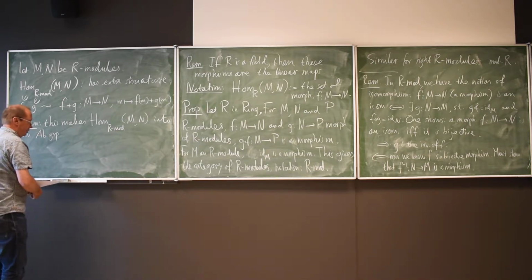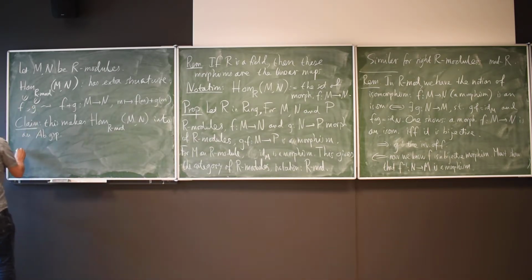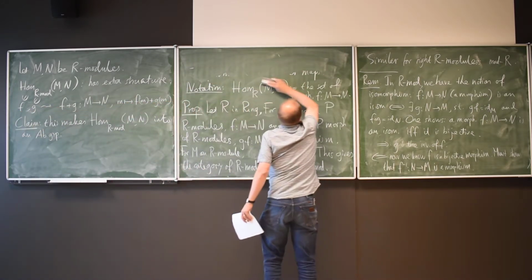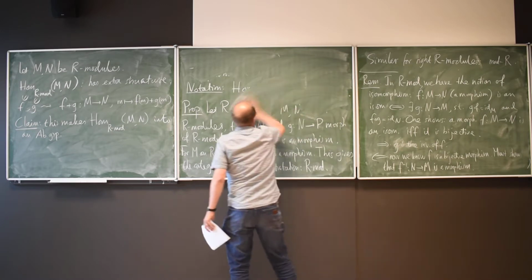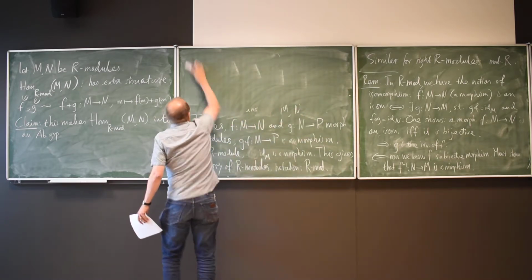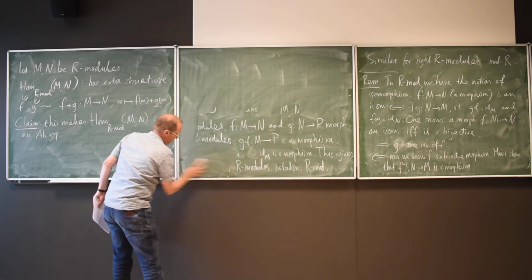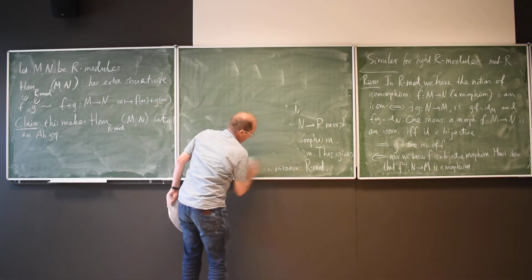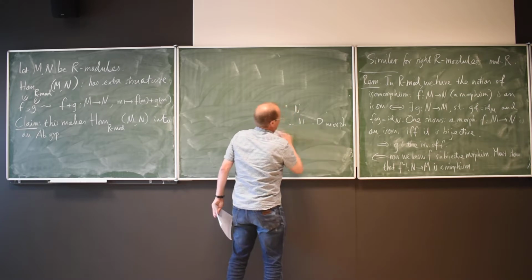So now let us look at the case that R is commutative. You know that when you do linear algebra, the set of linear maps between two vector spaces is itself also a vector space.